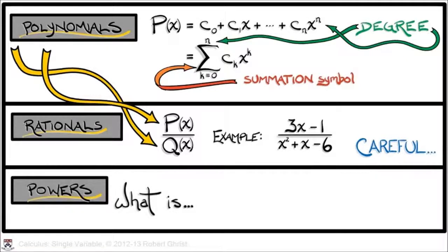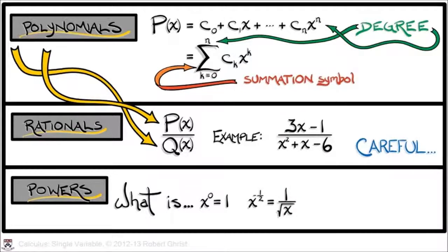Other powers besides integer powers are important and prevalent. I'm guessing that you all know what x to the 0 is. That is, of course, equal to 1. What is x to the minus 1/2?